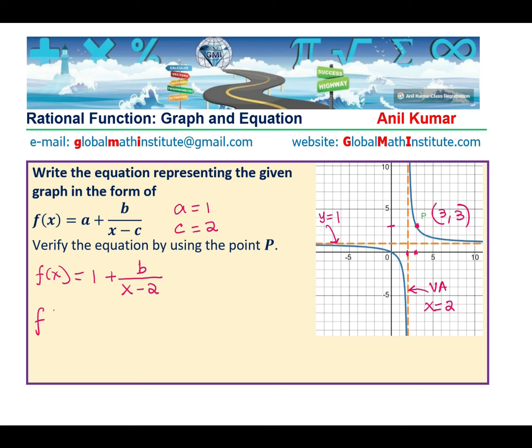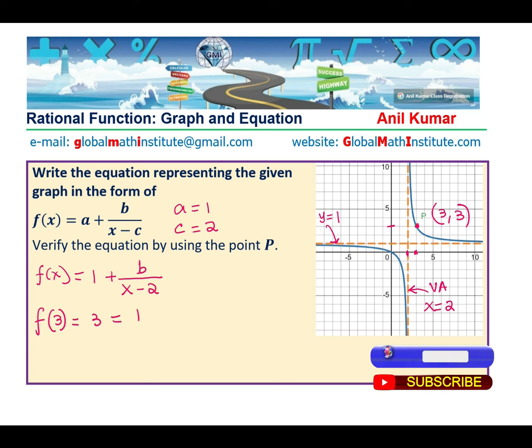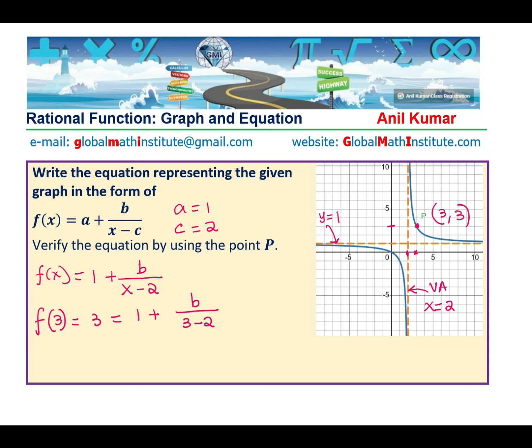So let's find the value at x equals 3. At x equals 3, we know we should get 3, which should be equal to 1 plus b over 3 minus 2. So 3 minus 2 is basically equal to 1, and we can easily get that 2, taking 1 to this side, is equal to b over 1, so b is 2.